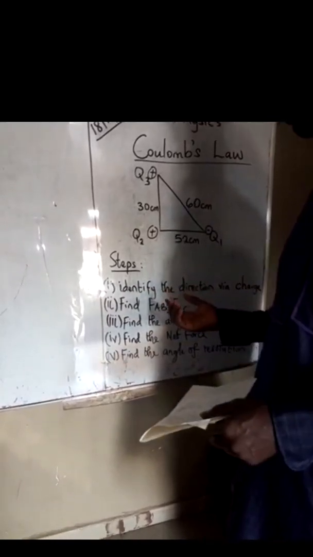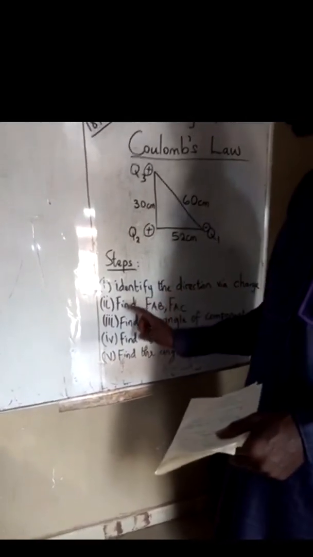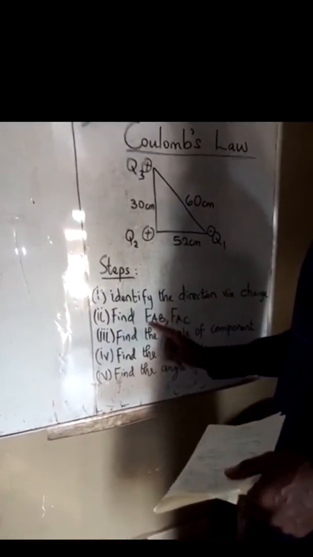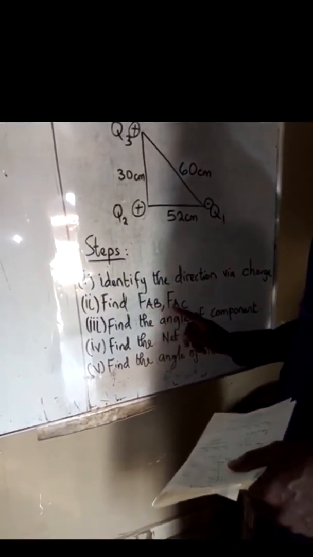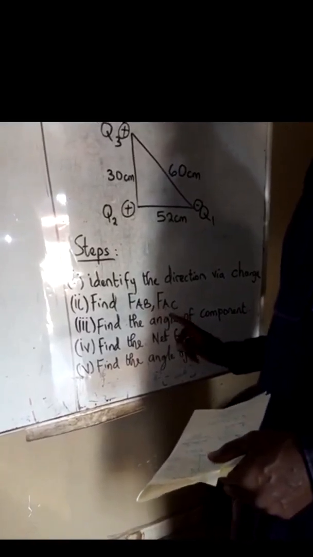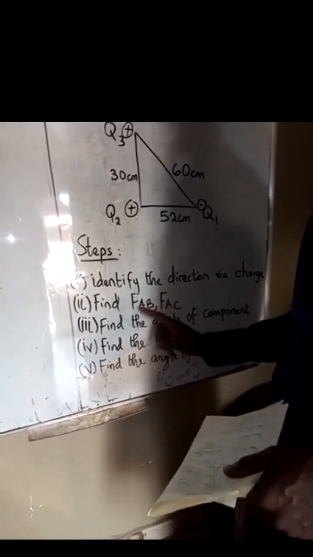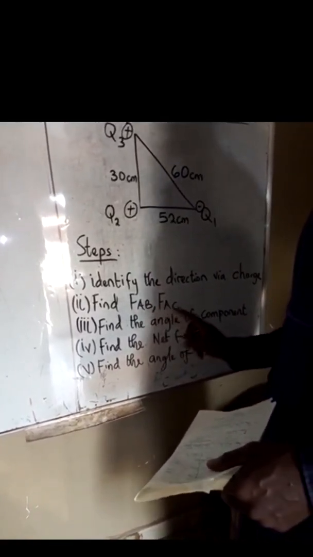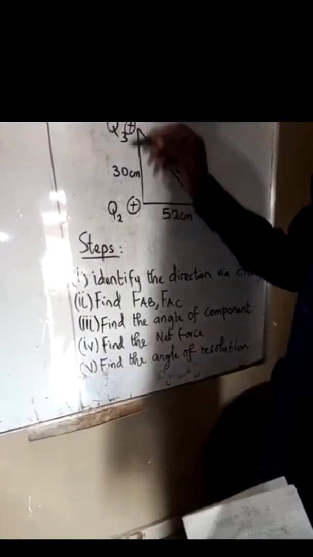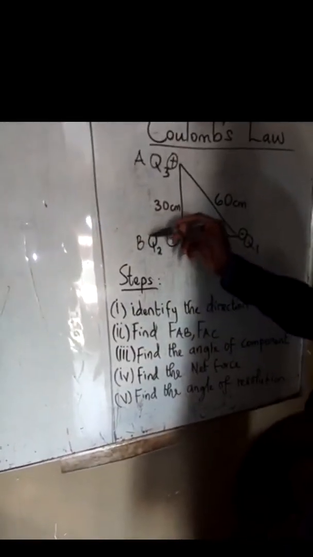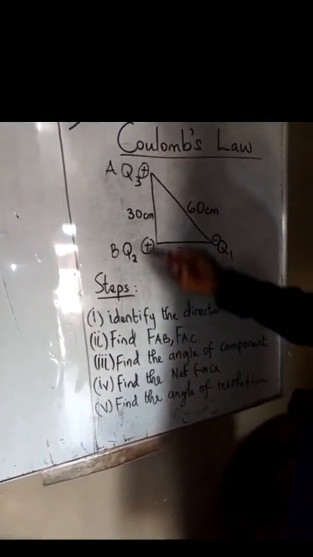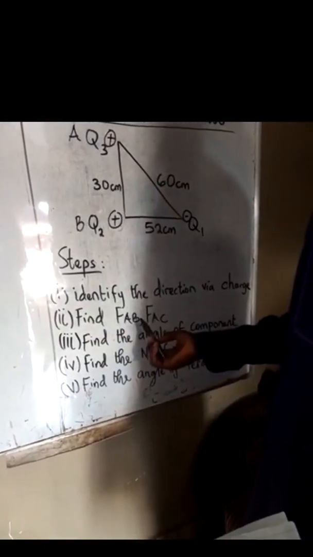You understand? So now the next thing is we are going to find the force between A and B, and force between A and C. Now how do we find the force between A and B and the force between A and C? You see, this is A and this is B. So the force between this A and B is what we refer to as FAB.